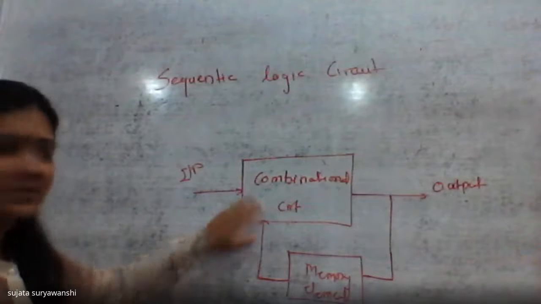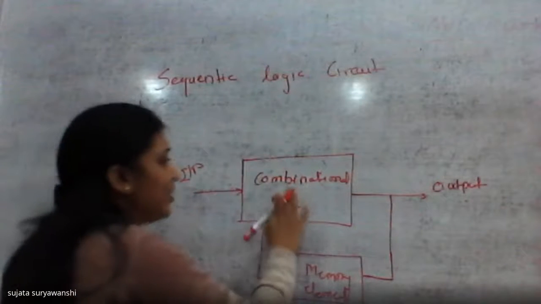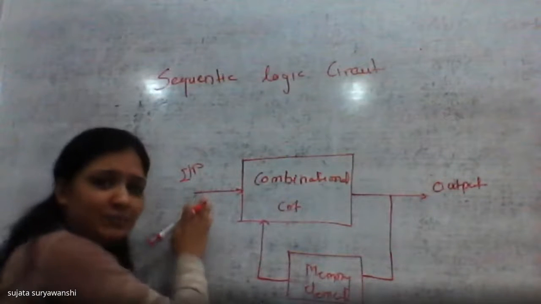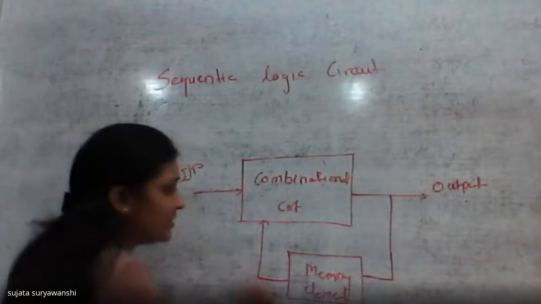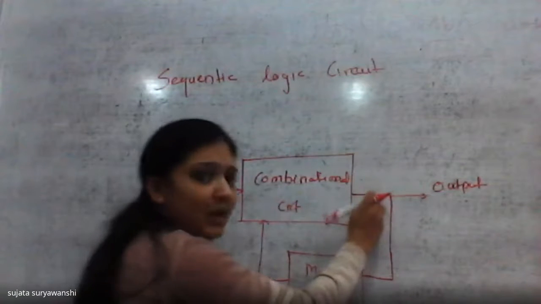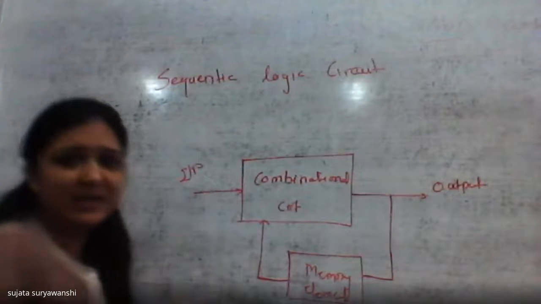So in the sequential logic circuit, the combinational circuit's output depends on the present state input and also the previous state output.